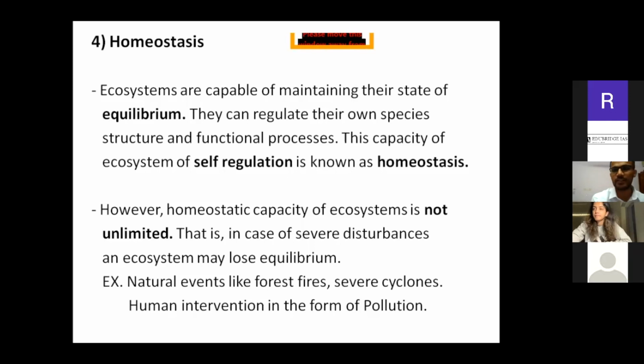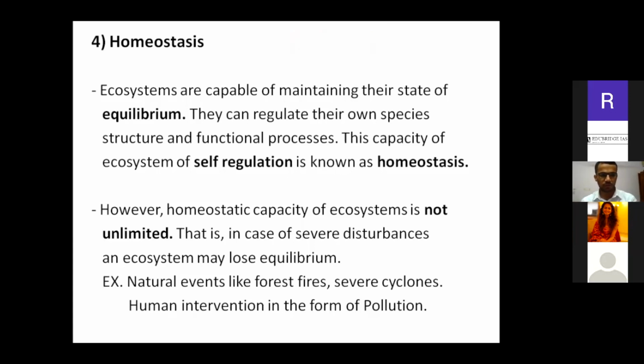This tendency of increased biodiversity in an ecotone is called the edge effect.